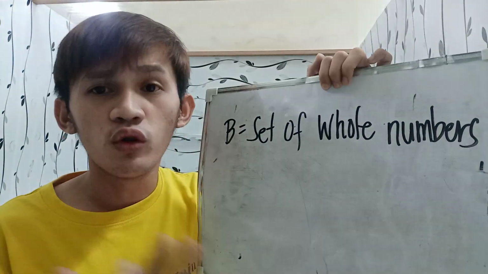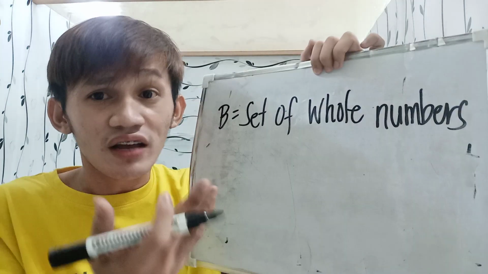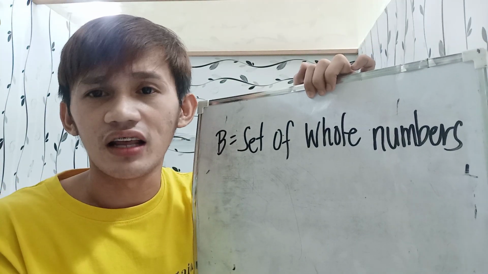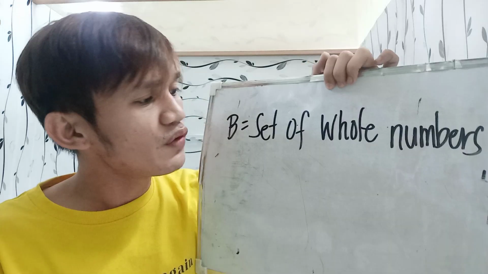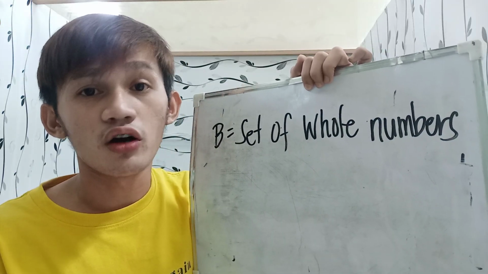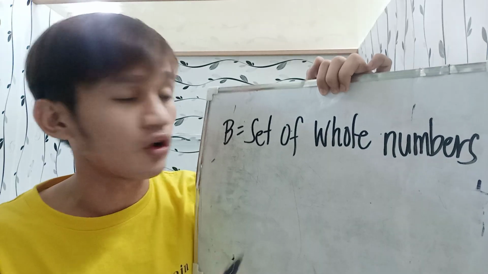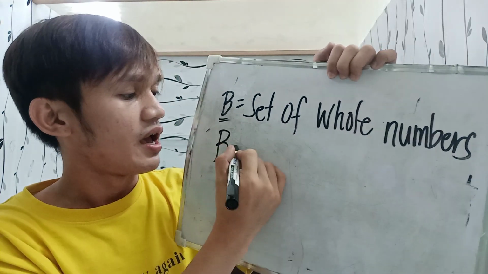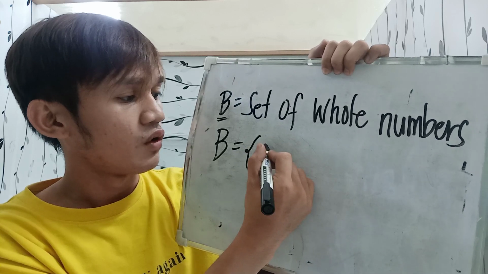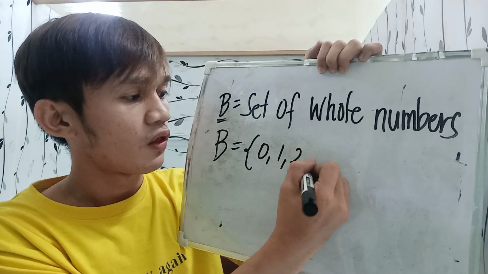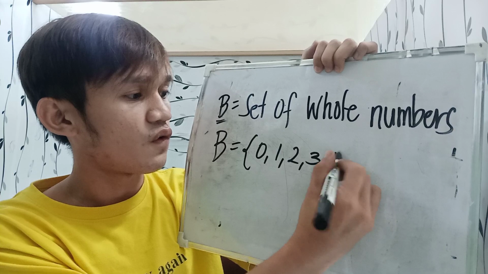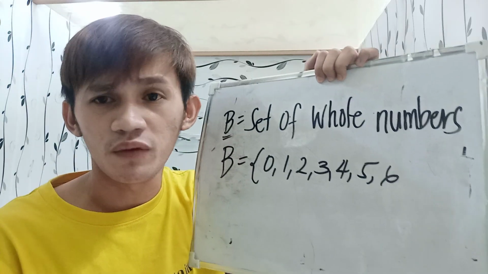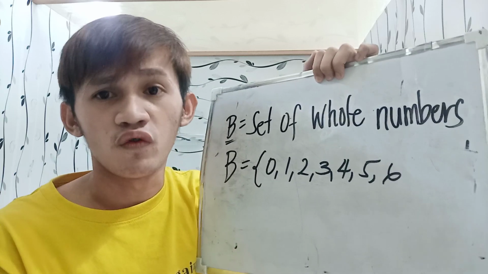Now, what are the whole numbers? It is definitely 0, 1, 2, 3, 4, 5, 6, 7, 8, 9, 10, and so on and so forth. If you were asked to write that in roster form, you are just going to copy the set, which is B, and then 0, 1, 2, 3, 4, 5, 6, 7, 8, 9, 10, 11, 12, 13, 14, 15, 16, and so on and so forth.